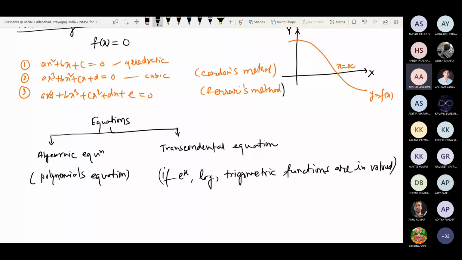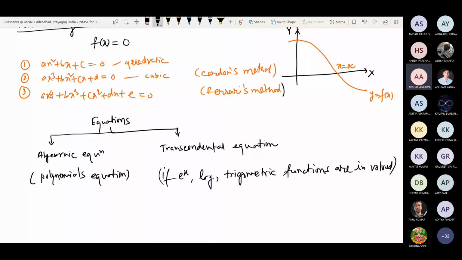If the degree of the equation is at most 4, then you can find all the roots using a direct method. But if the degree is more than 4, if I give you a 5th degree polynomial equation, there is no general method to find all the roots. In all mathematical history, there is no general method to solve any 5th order, 6th order or higher order polynomial equation.